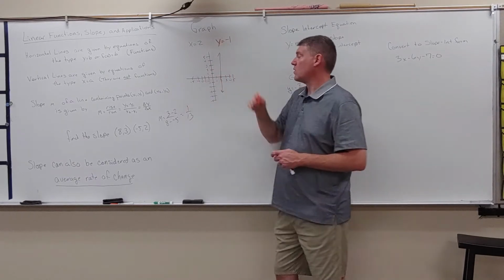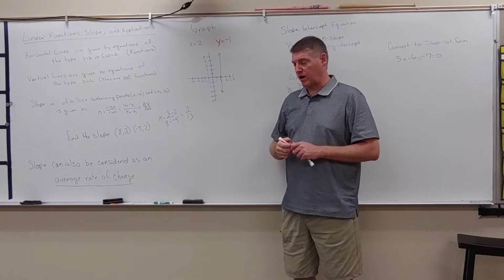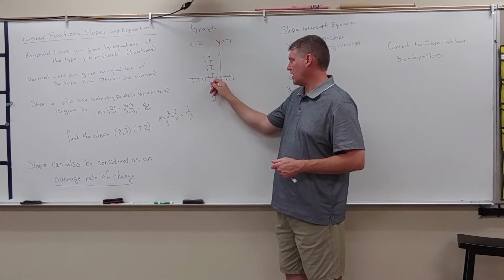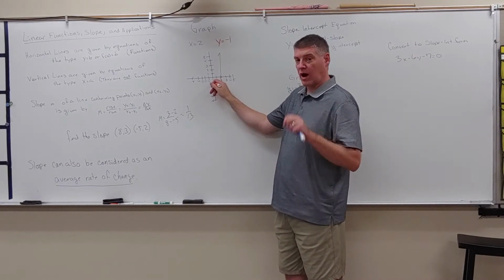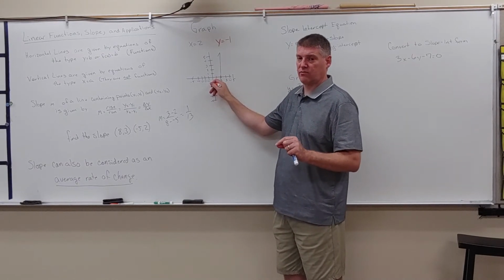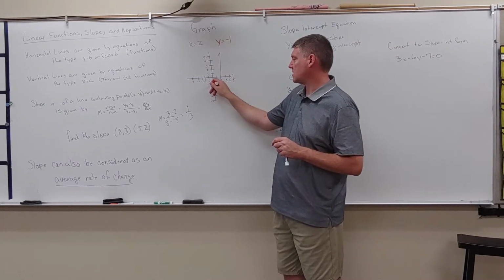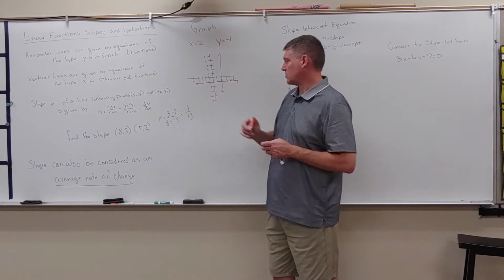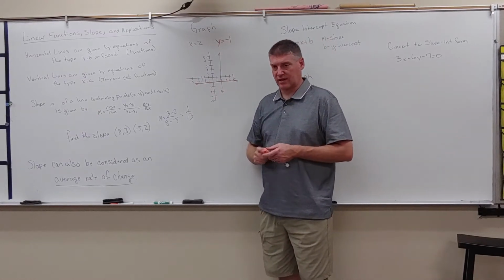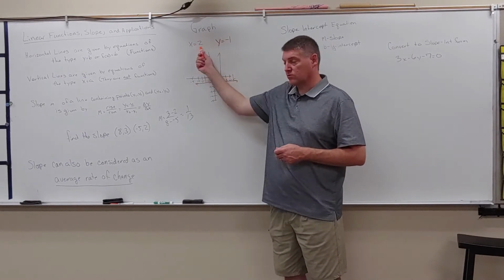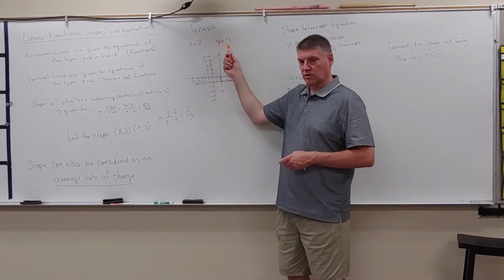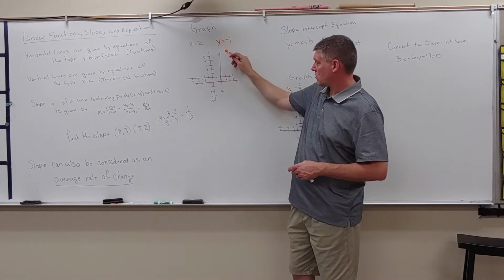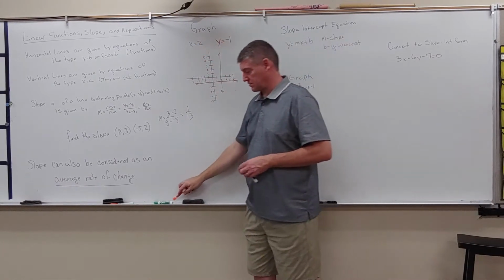Now, if I come here, y equals negative 1, I go to negative 1 on the y-axis. Now, y has to stay as negative 1, but then the x can be anything we need it to be. So that becomes a horizontal line. So x equals is vertical, y equals is horizontal, function, not a function.